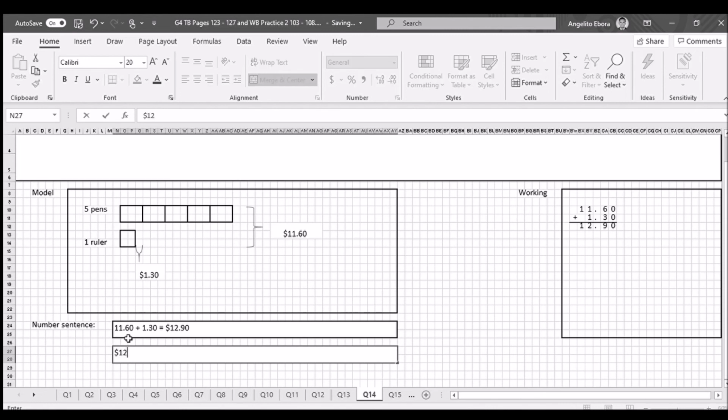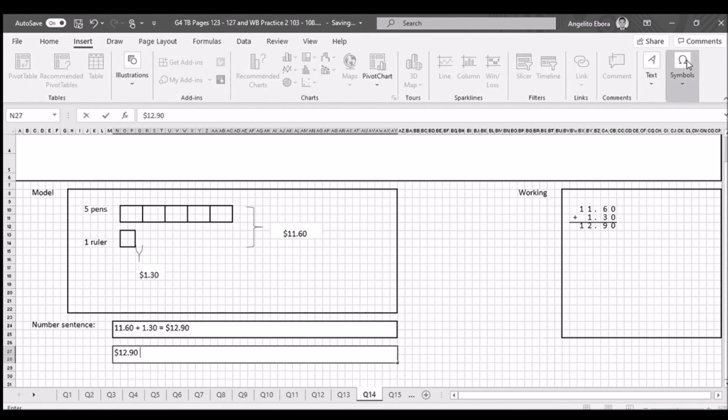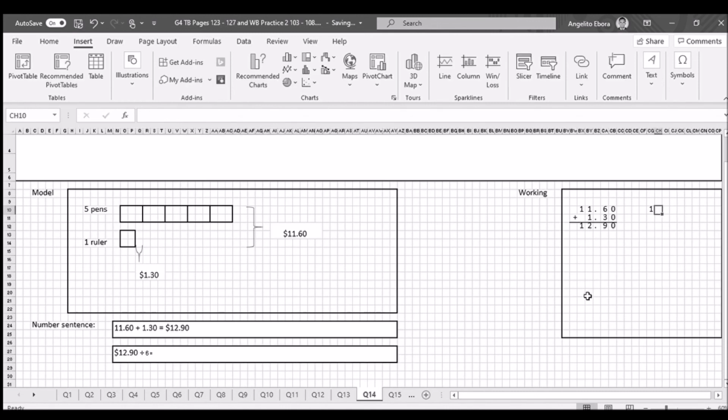So $12.90 divided by 6. Divided by 6 is equal to, we don't know, so that's the time that we are going to use the long division. $12.90 divided by 6.